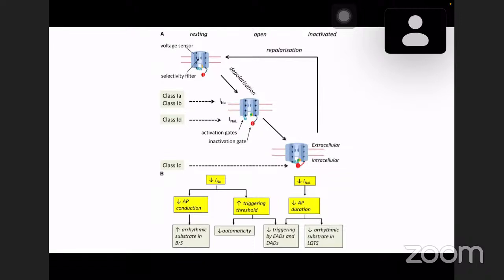So decreasing the sodium channels in the early stage causes decreased action potential conduction and increases the triggering threshold.